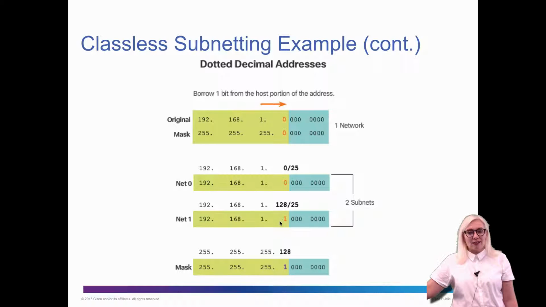And the second will be 192.168.1.128, because now the networking bit is 1, followed by 7 zeros. These are the network addresses of my two new subnets. And the mask will be 255.255.255.128, because this one here now is 128.